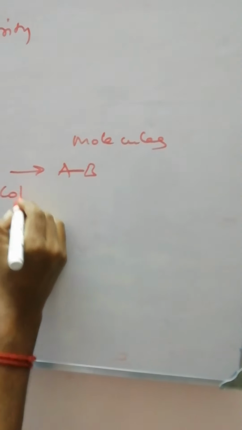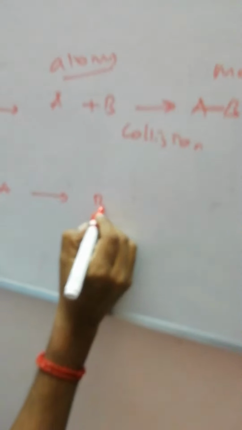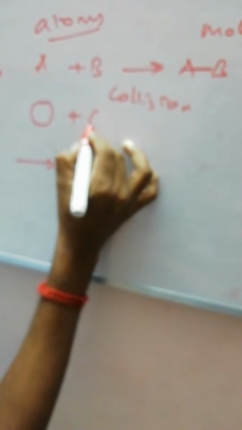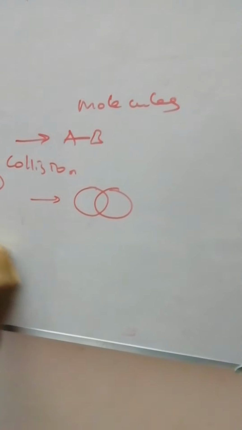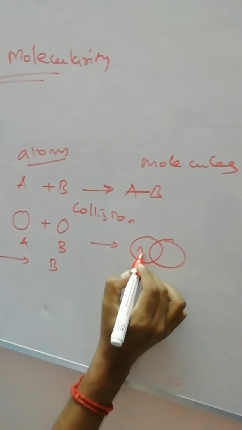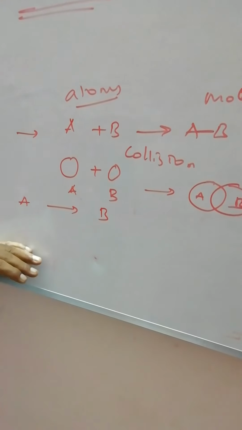Collision means strong bombarding. A goes to B and contacts B, with the same orientation and the same energy, and they collide to form AB. This type of collision is called molecularity.